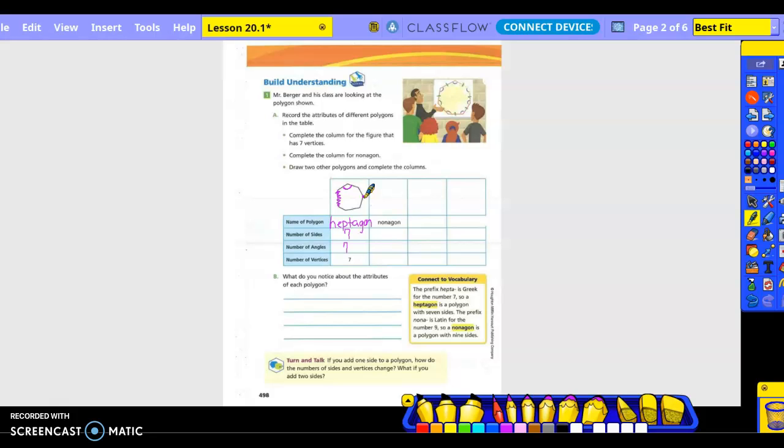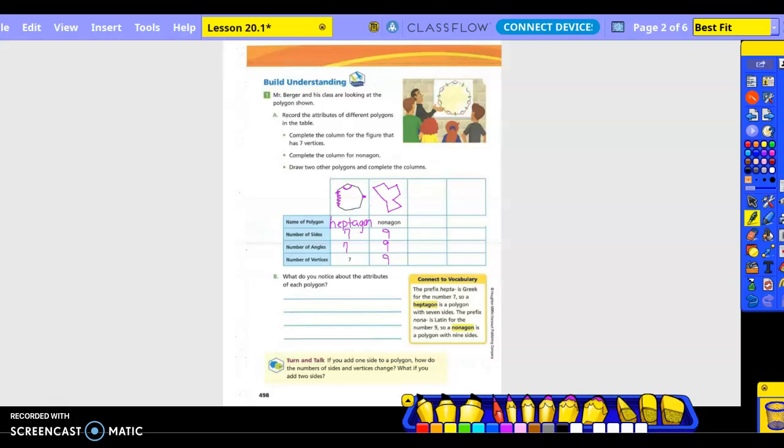A nonagon has how many sides? 9. It has 9 sides, 9 angles, and 9 vertices. So we can draw our own little picture for that. We can do 1, 2, 3, 4, 5, 6, 7, 8, 9.